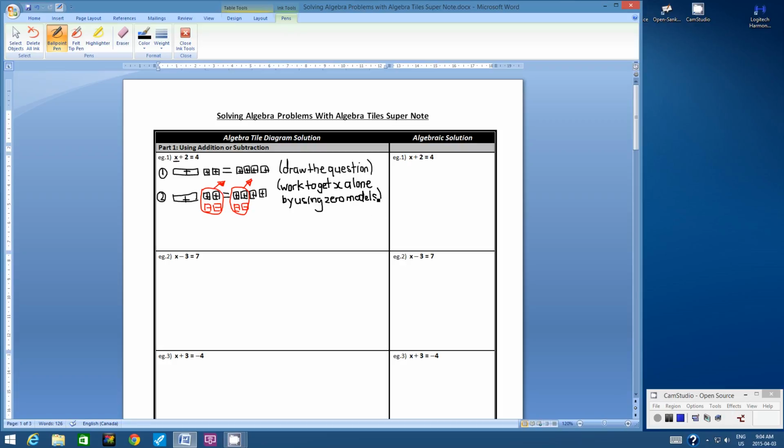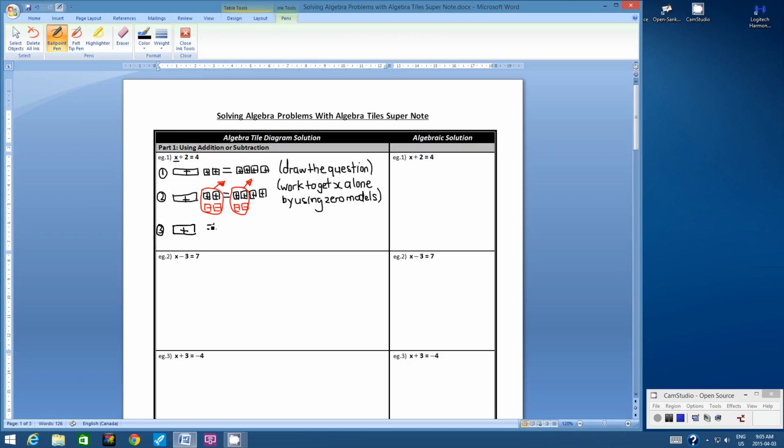Here's what I mean when I say getting x alone. If we take away these zero models, our third step is to draw what remains. On the left-hand side, what remains is x, and that's what we wanted. We wanted x alone. Remember, this is all gone. If these were actual tiles in front of you, you would take them away.